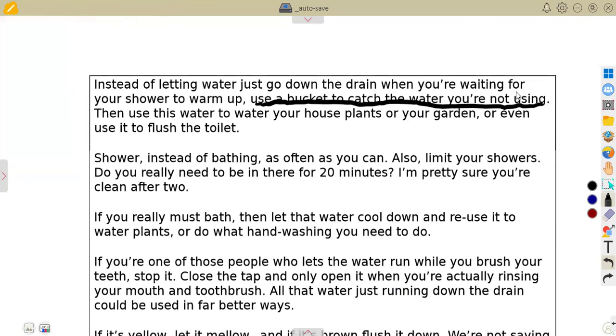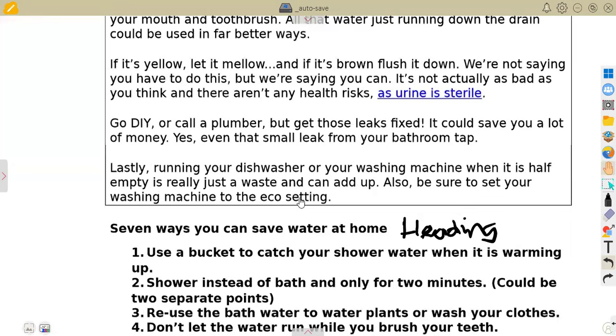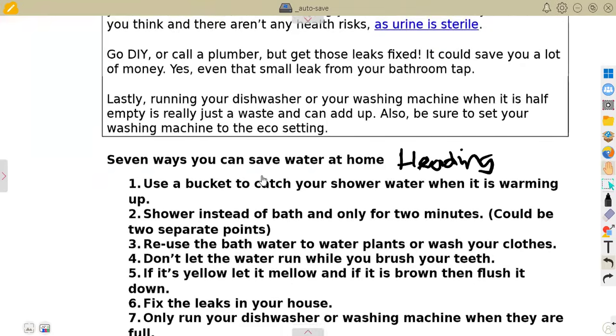And I want us to go and check now our first answer. Is it now corresponding with what we have been doing? Yes, indeed, it's corresponding because they say use a bucket to catch your shower water when it is warming up.